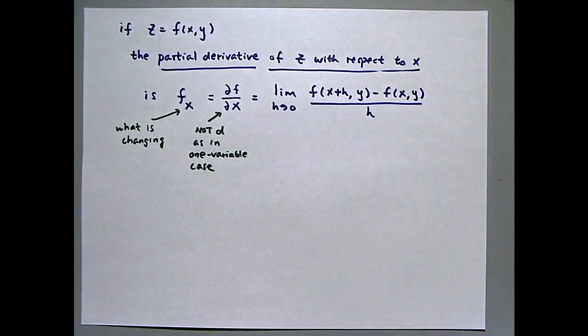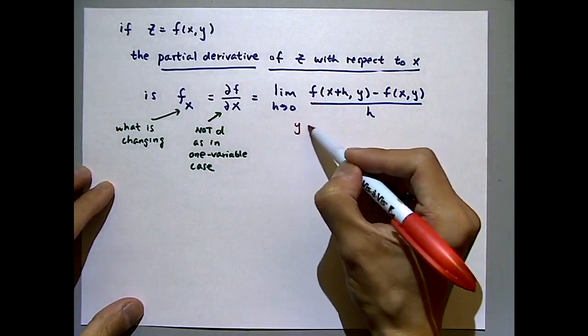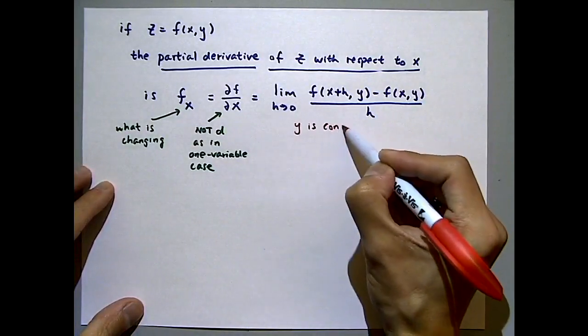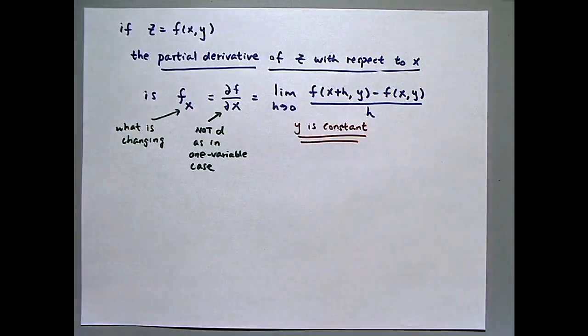And this is exactly the same form as the one that you're familiar with. And in this operation here, y is treated as a constant.